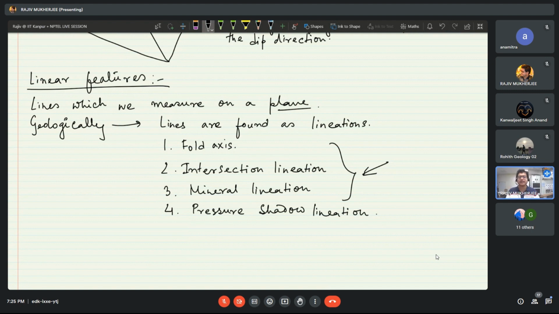So in the upcoming sessions we will specifically discuss these particular types of lineation and how they can tell us about the deformation history of that particular area. In particular, lineations are very important in understanding the different phases of deformation, whereas planar data provide us the overall structure, whether there is a fold or a fault.